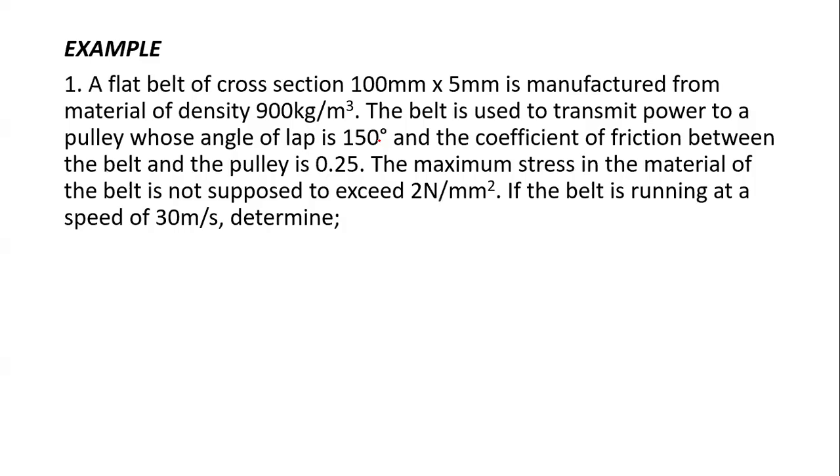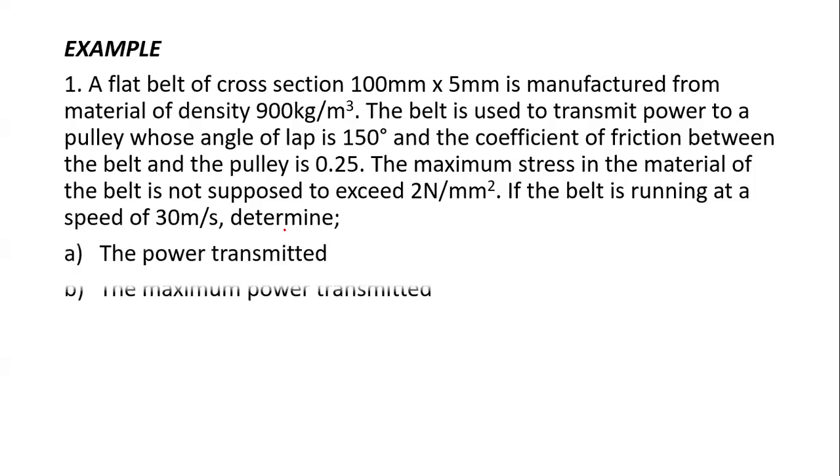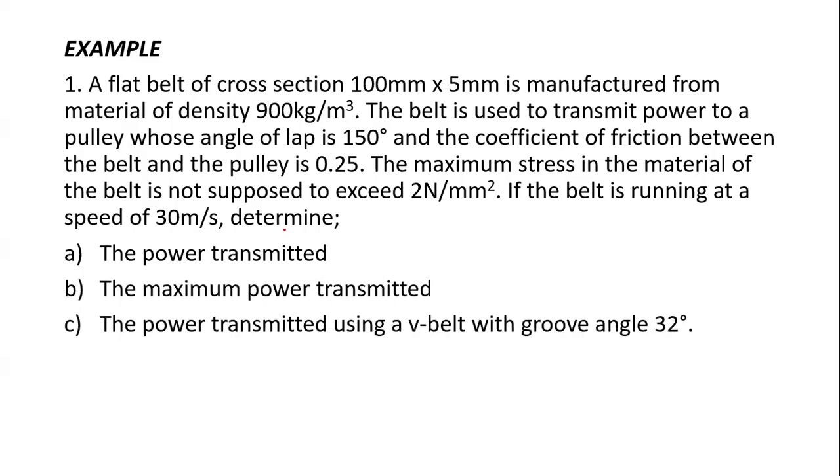Coefficient of friction between the belt and the pulley, 0.25. Maximum stress in the material of the belt, 2 newtons per square millimeter. Speed of the belt, 30 meters per second. We are required to determine the power transmitted, the maximum power, and the power transmitted suppose this is the V belt and the groove angle is 32 degrees.